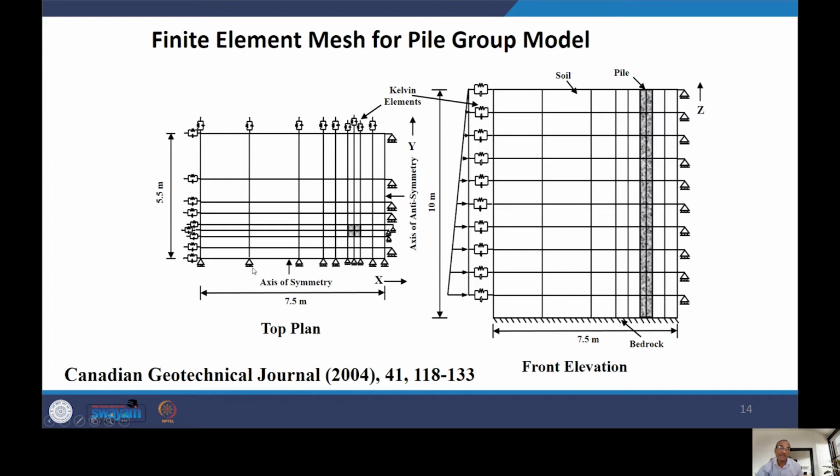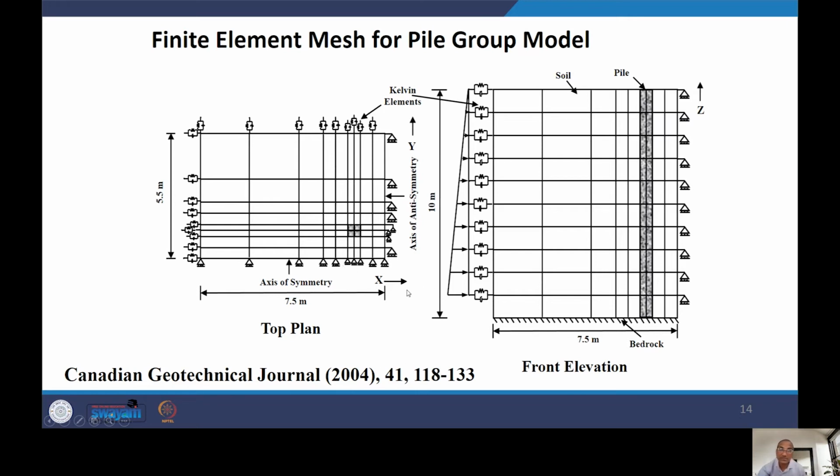In that case, the boundary condition of axis of symmetry is given here. That means this axis needs to be fixed in y direction, though it is free in x direction in which load is applied. Another condition to be applied is that this axis needs to be restrained also in z direction.